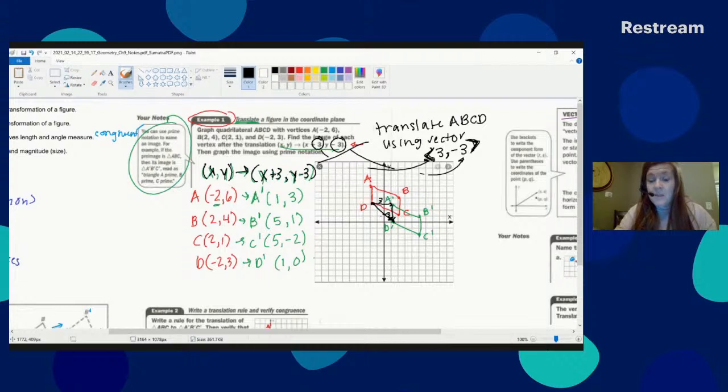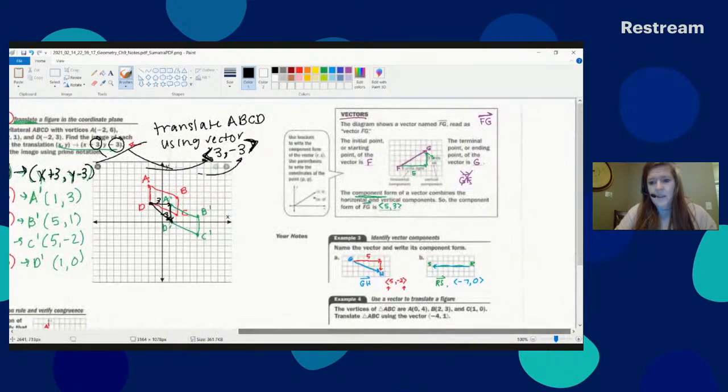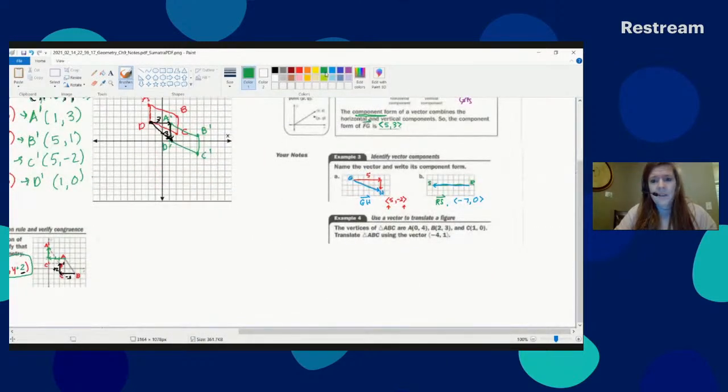So to use vector notation, you do the same exact thing. I'm not going to do this whole thing over here, but just to give you a quick example: if the vertices of triangle ABC are A, B, and C, translate using the vector <-4, 1>.